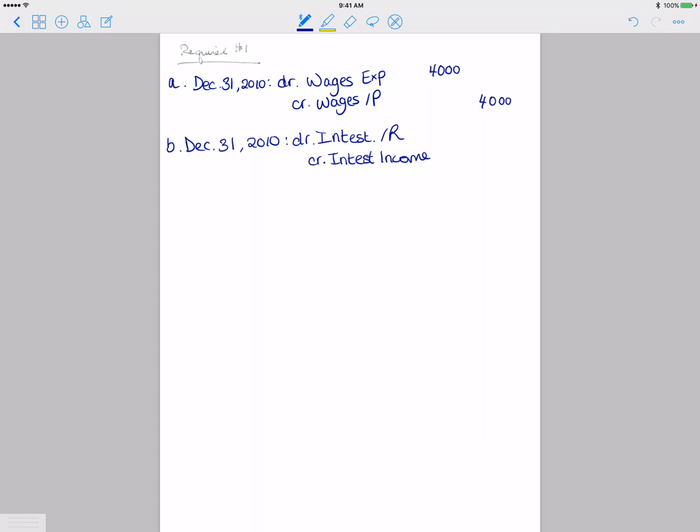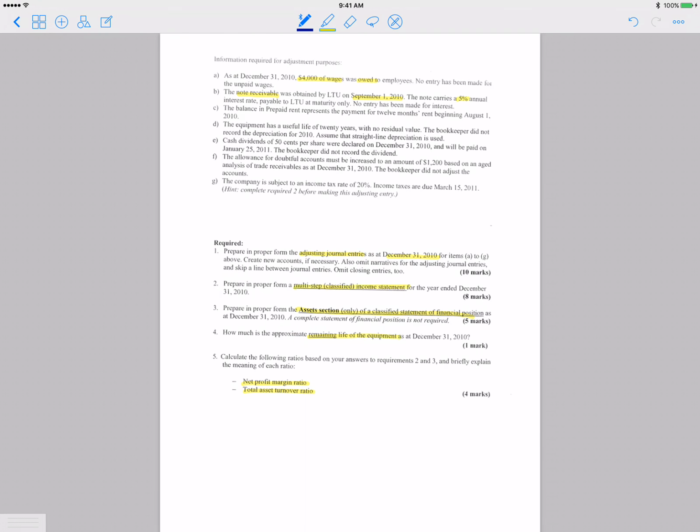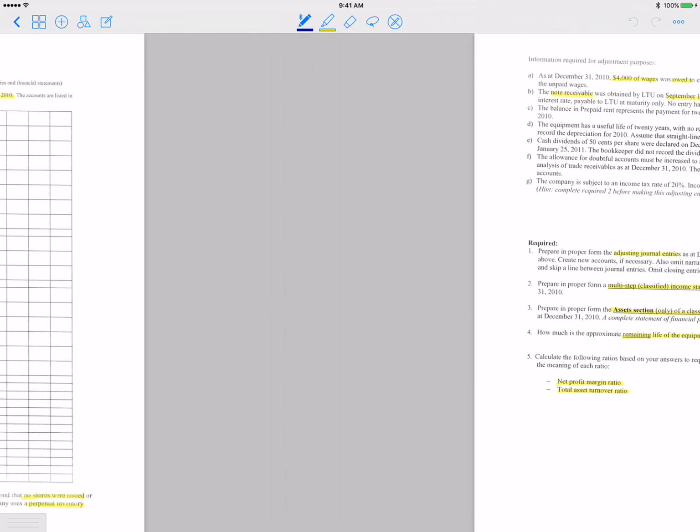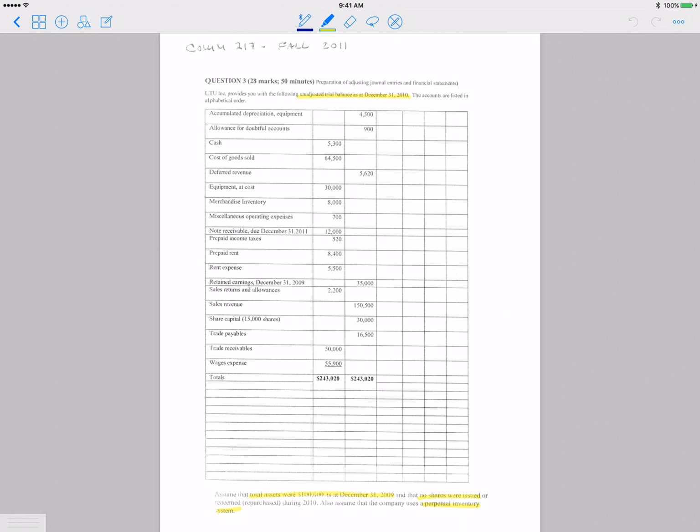We're told that this amount comes up to a total of 5% on the note. We know here, if we look back on our accounts, that the note receivable is $12,000. So I'm just going to take that away so it doesn't confuse us, but as you can see, it's $12,000.